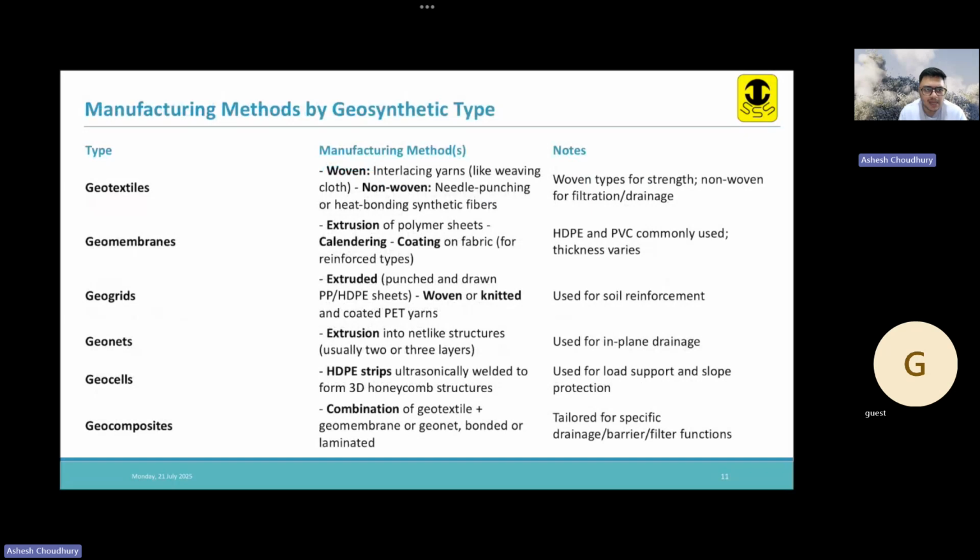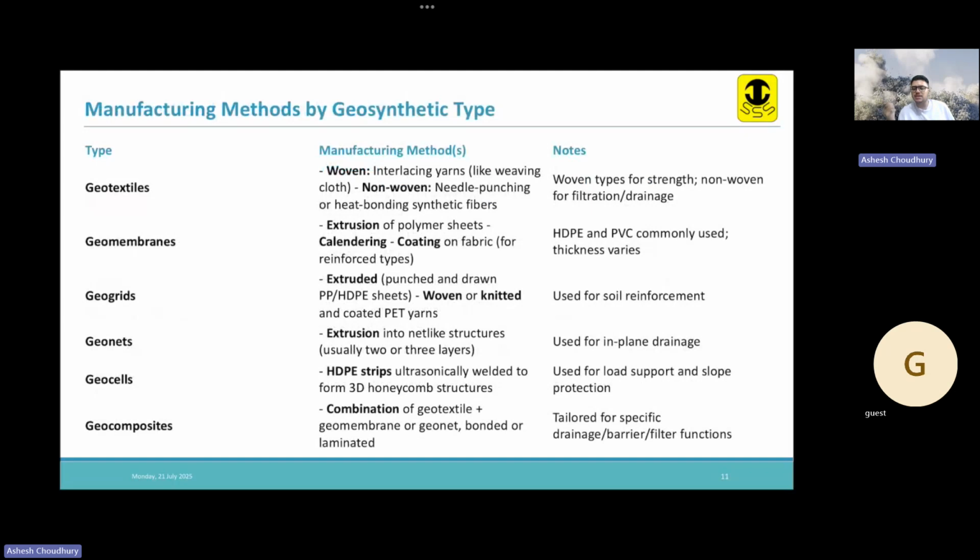Now let's discuss the manufacturing method. This manufacturing method is also a very lengthy topic. It is not a very short topic, and most of the important manufacturing methods are given in detail in the book that I mentioned, Designing with Geosynthetics by Robert M. Koerner.